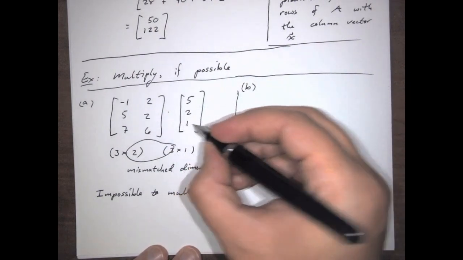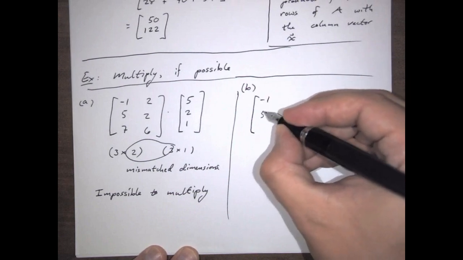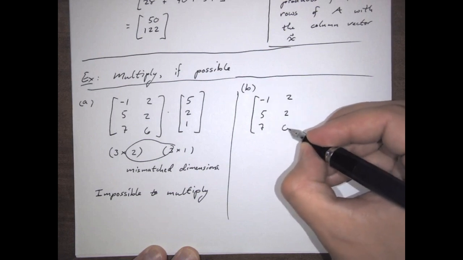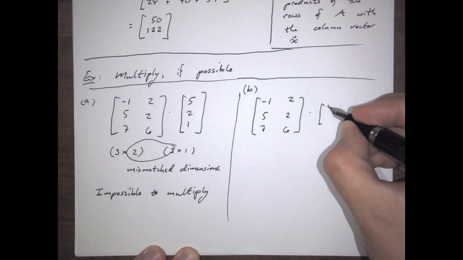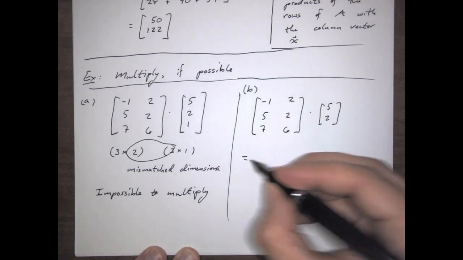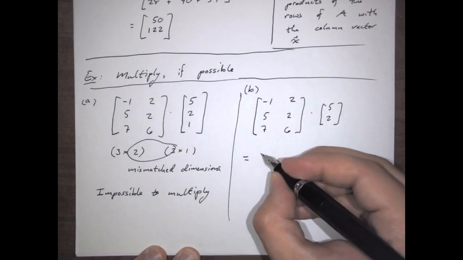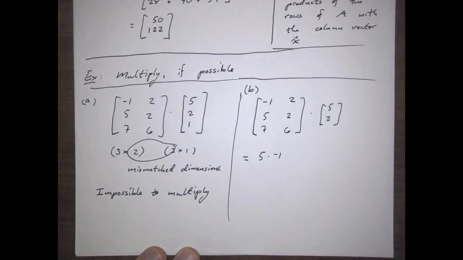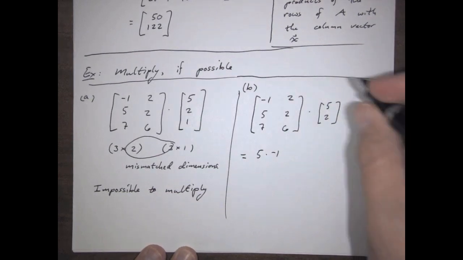But what if we just dropped that 1 and tried it again? So -1, 5, 7, 2, 2, 6, multiplied by 5, 2. Now what we'll have is 5 times -1, and here it doesn't say which method to use, but we ought to take our new method out for a test drive and see how it works out.